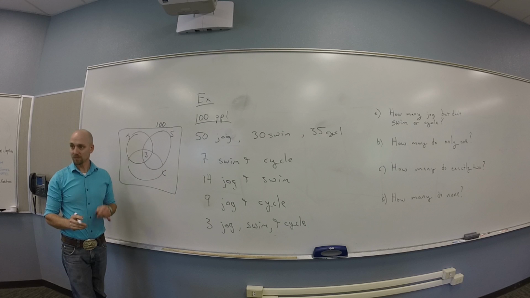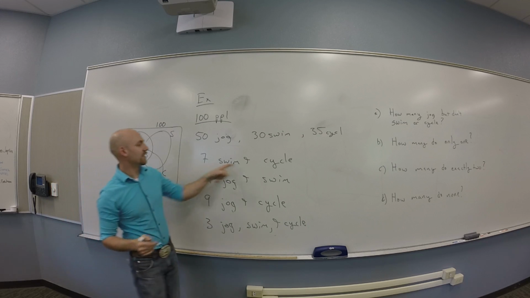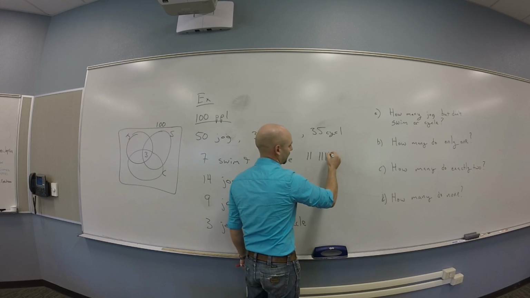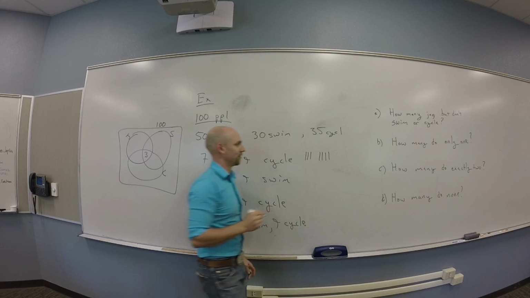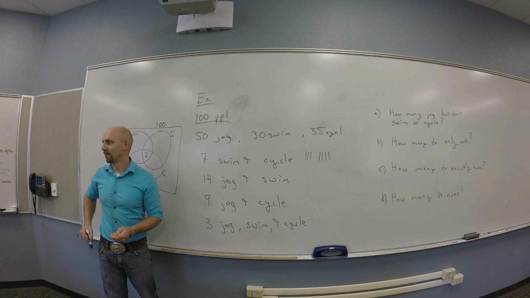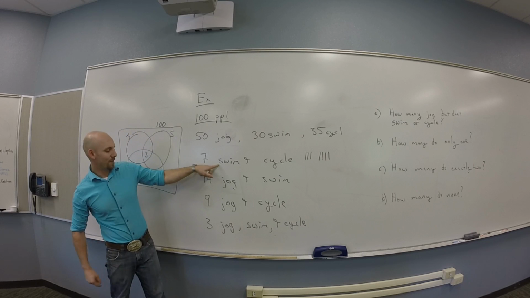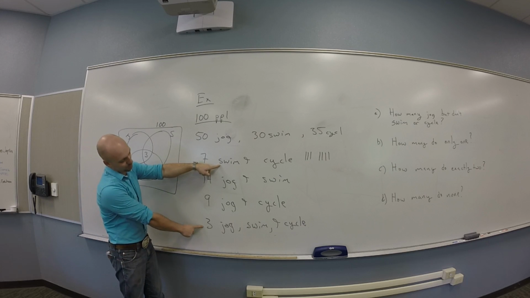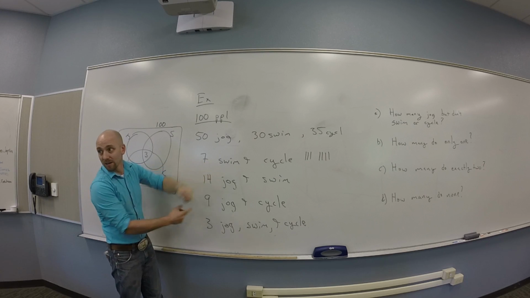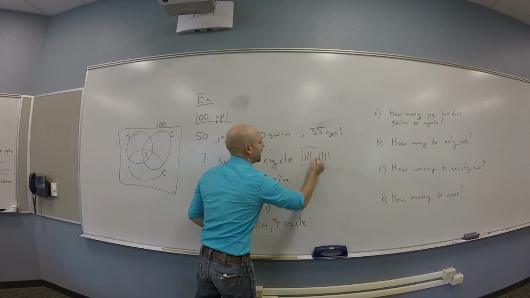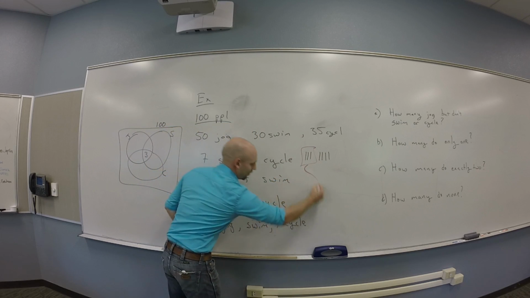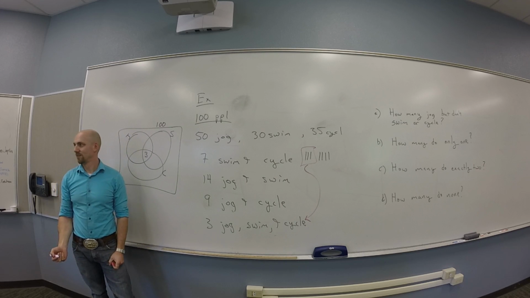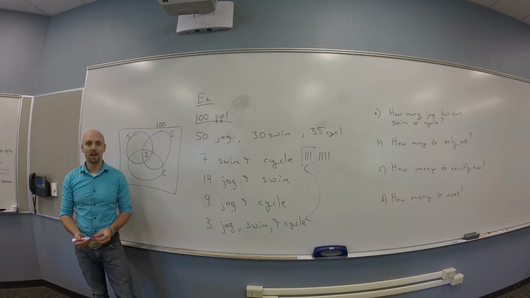Everybody good with that? Now the key here is that these 7 people swim and cycle. 3 of those people also jog, so they're already counted in there.